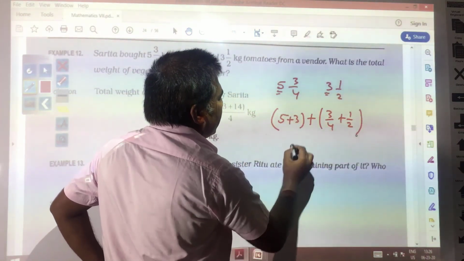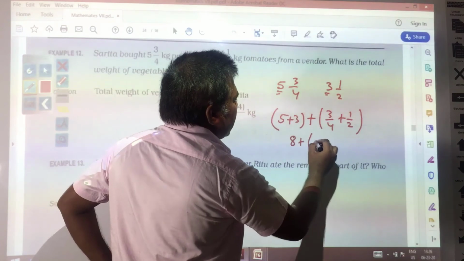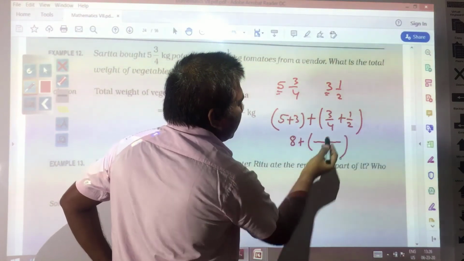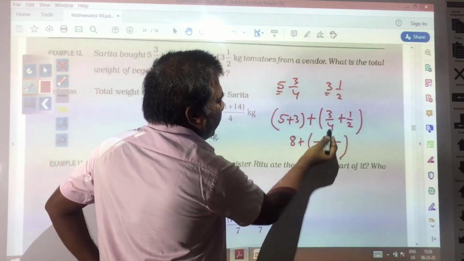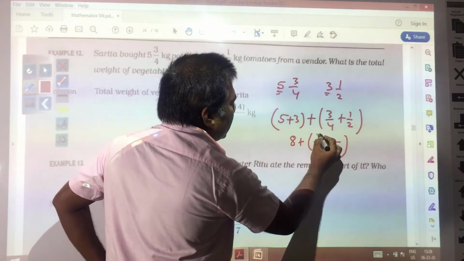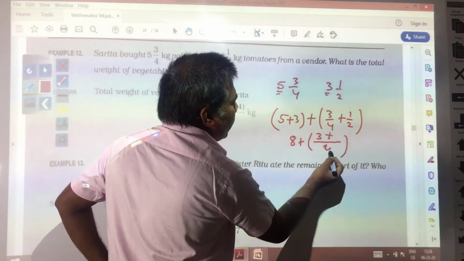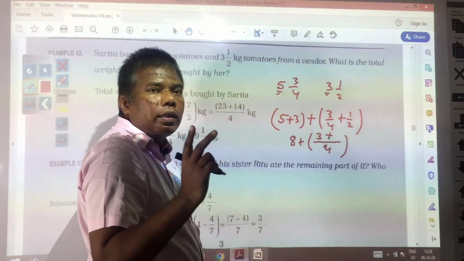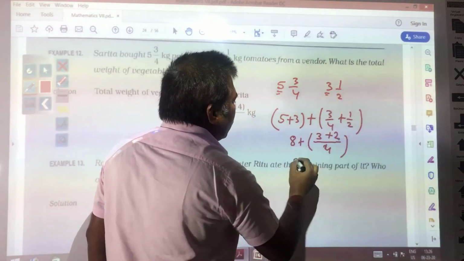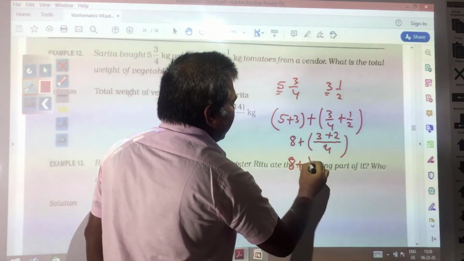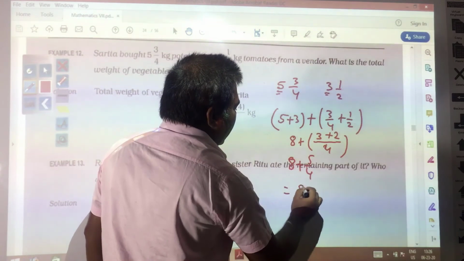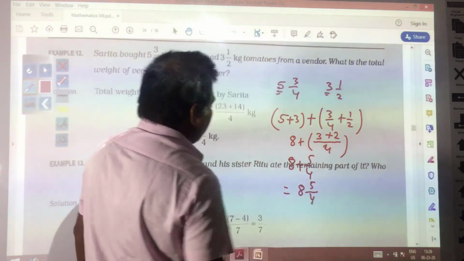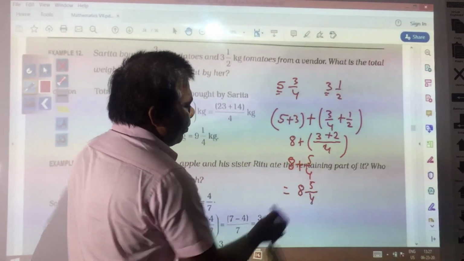You will get 5 and 3, 8, plus, here you see 4 will be the LCM. 4 divided by 4 you get 1, 1 times 3 is 3, plus 4 divided by 2 you get 2, 2 times 1 is 2. So, finally, you will get 8 plus 5 by 4, or you can write 8 whole 5 by 4. 8 whole 5 by 4 you got.